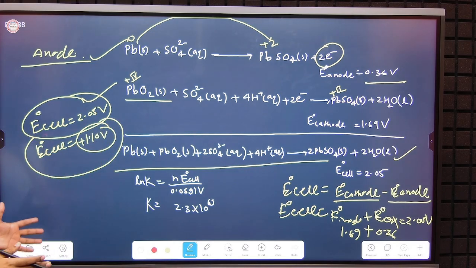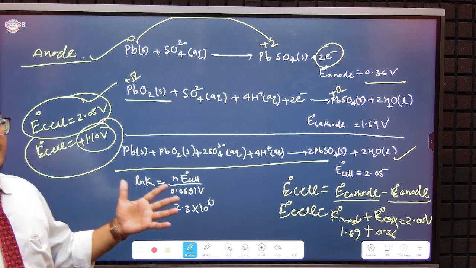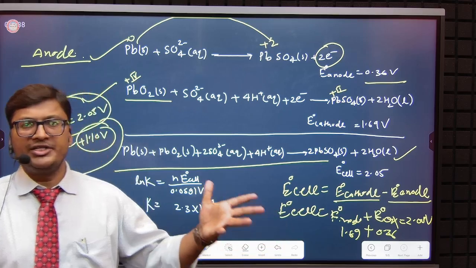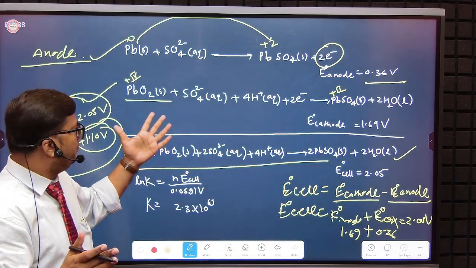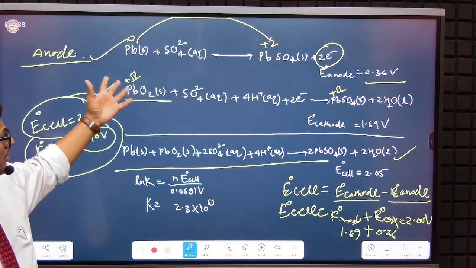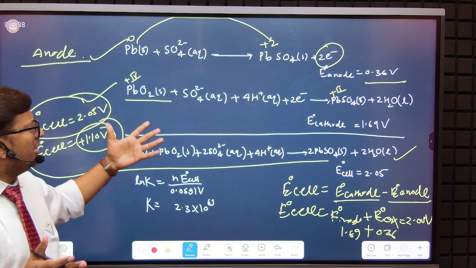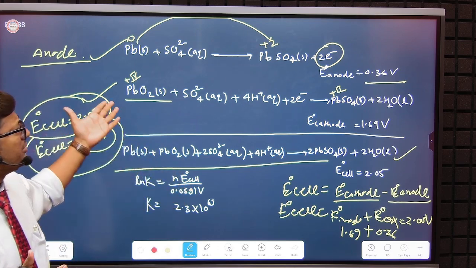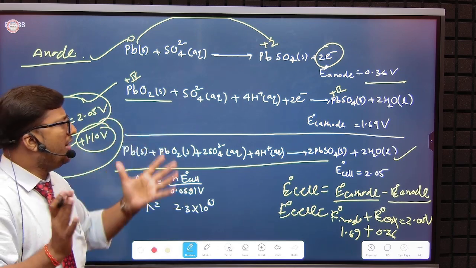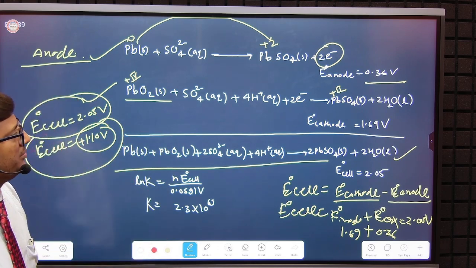So the power of the cell depends on the nature of the materials, the electrolyte and its reacting components, and the overall reactions.